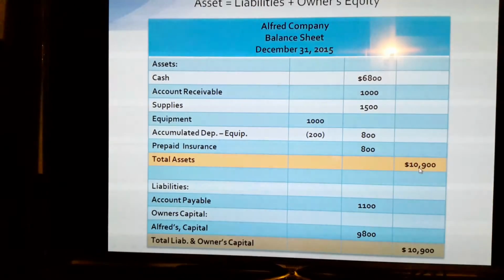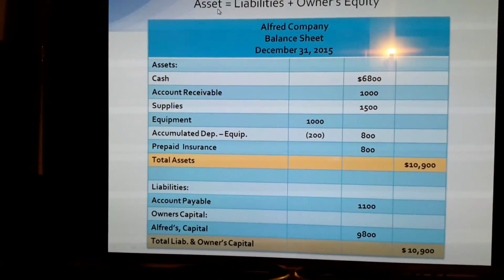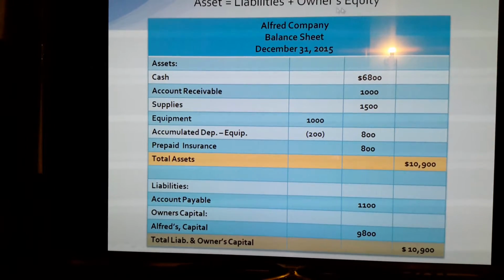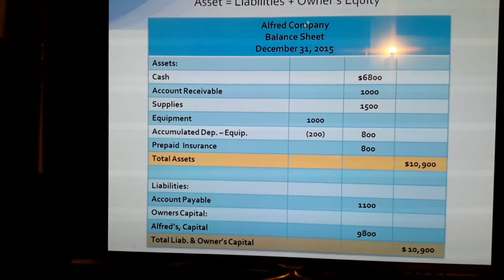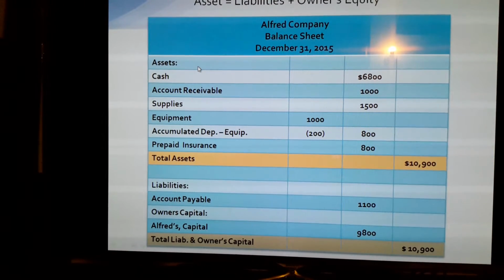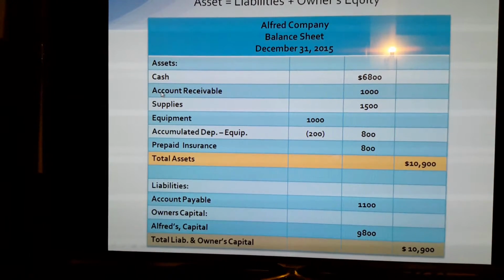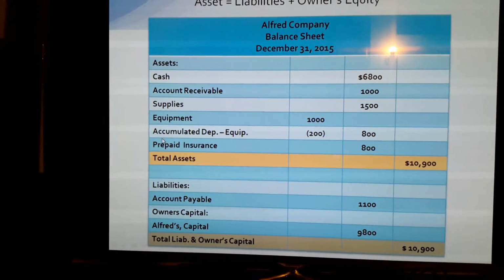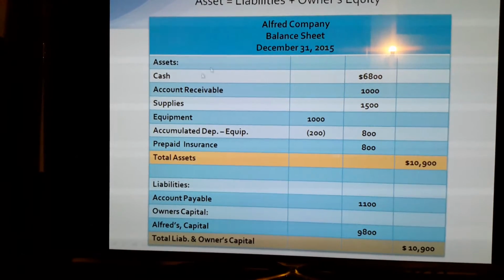Let's go to the balance sheet. The balance sheet, which is assets equal to liabilities plus owner's equity. The setting has to look like this. Again, don't forget to use your order. So here, you list the assets equal to liabilities plus owner's equity. These are your assets.